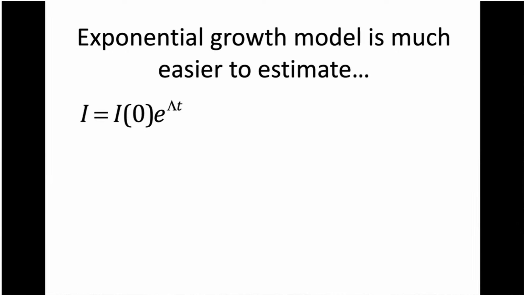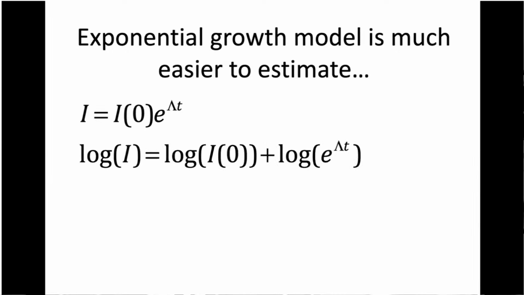If you were to solve this particular equation, if you transform both sides, just based on log rules, this becomes log of the initial number of susceptibles, and that you can make constant. It does not depend on time.